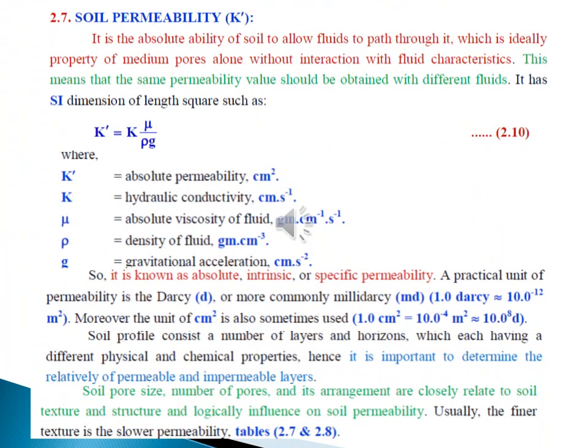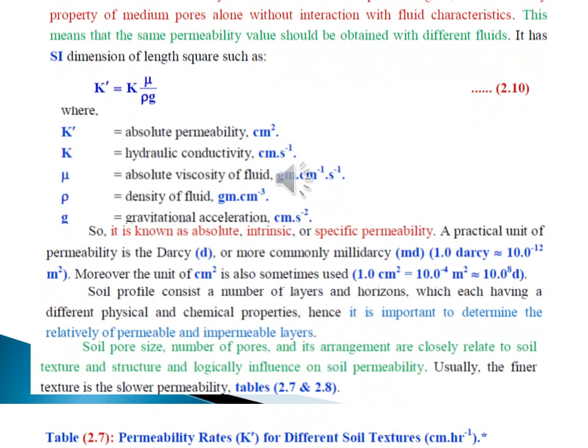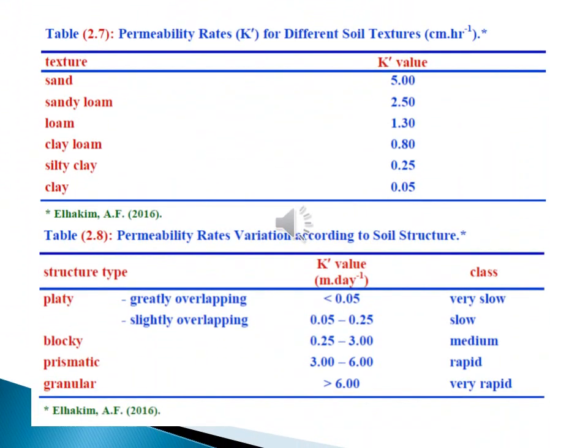Permeability is the absolute ability of soil to allow fluid to pass through it, which is ideally a property of the medium alone, without interaction with fluid characteristics. Tables of permeability rates for different soil textures and structure types.